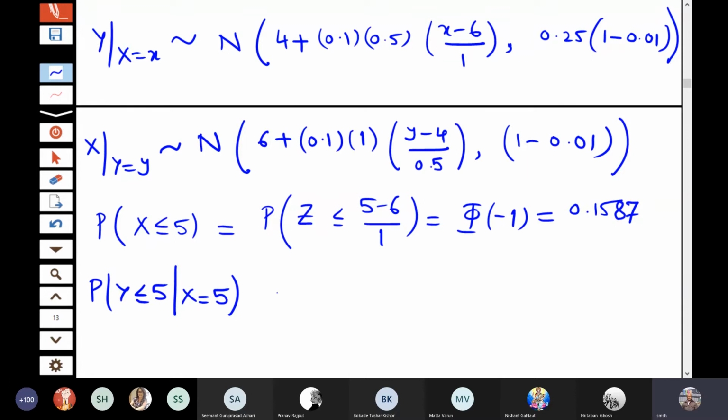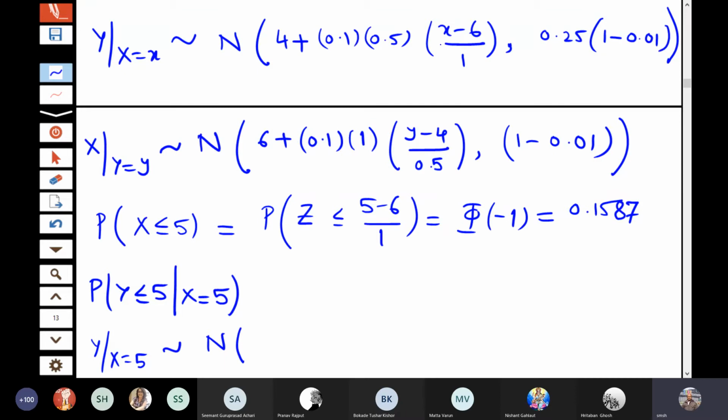Then where from will I calculate this? I will calculate it from the conditional distribution of y given x. Here I will put small x equal to 5. So y given x equals 5 becomes, you can do this calculation here, 4 plus 0.1 into 0.5 into (5 minus 6) by 1.